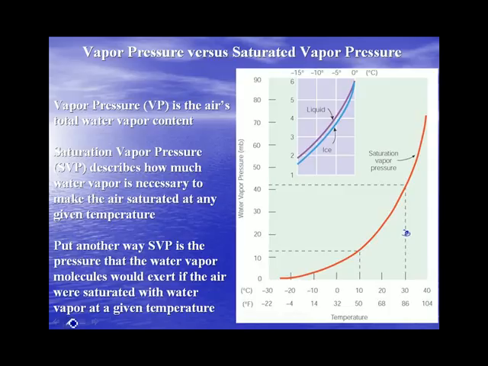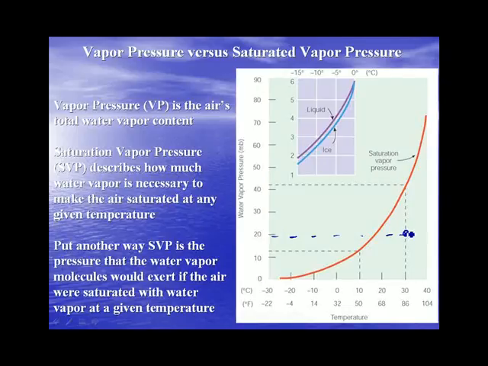Let me see if I can adjust this a bit. Let's say that we have an air parcel that at 30 degrees Celsius has a vapor pressure. I'm just going right over to the vapor pressure line of about 20 millibars.